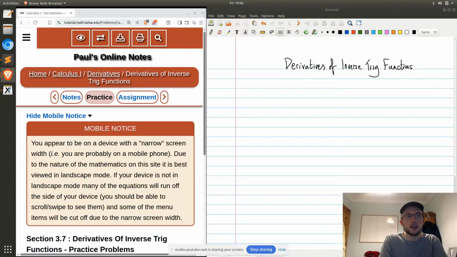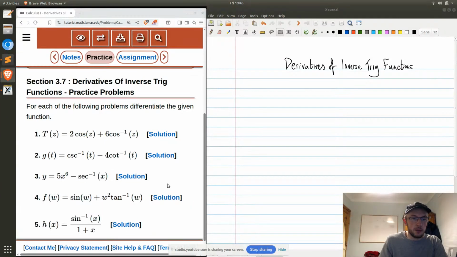And lastly, what about arc sec and arc cosec? Well, d by dx of arc sec x is 1 over the absolute value of x multiplied by the square root of x squared minus 1, and d by dx of arc cosec x is minus 1 over the absolute value of x times the square root of x squared minus 1. Anyway, with that knowledge out of the way, let's begin with the practice problems.